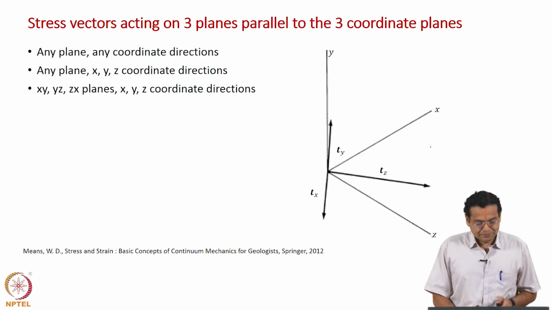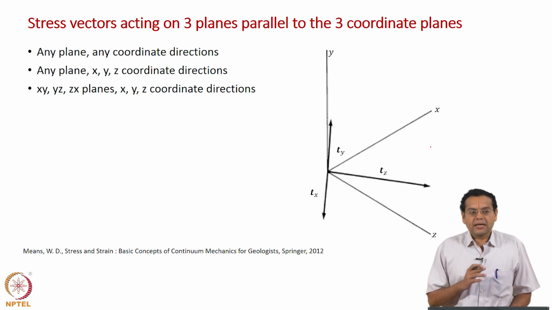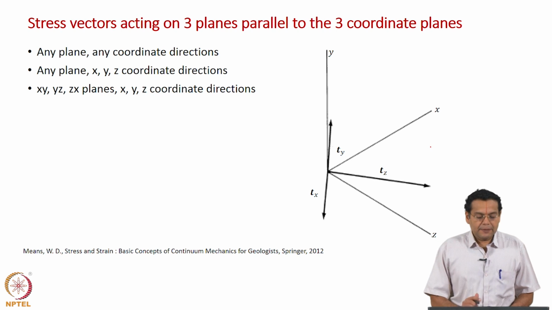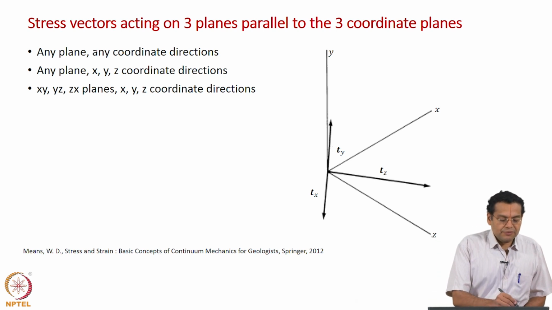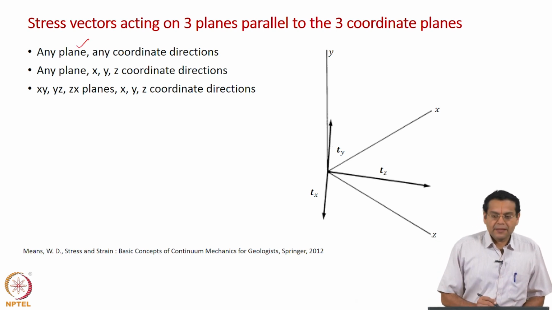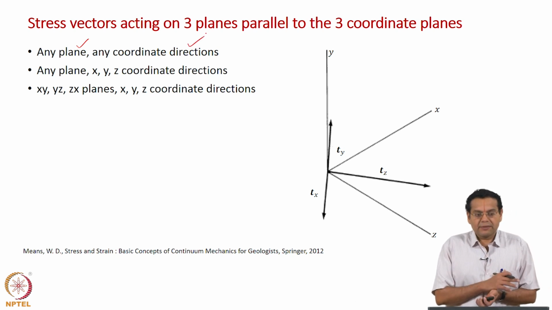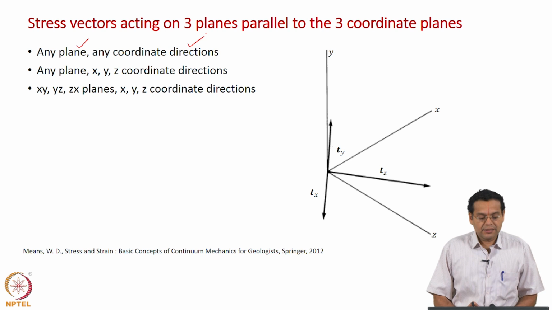Now, as I was telling you, we have considered any arbitrary plane given by n vector. If you look in terms of hierarchy, first we said any plane, and then we said any coordinate direction, because the coordinate direction associated with the plane, which means any plane, any coordinate directions.